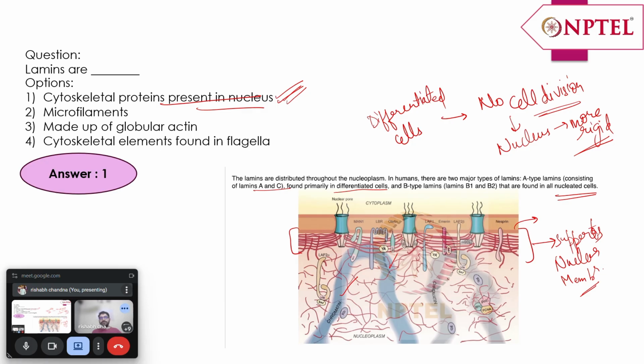So these type A lamins actually help in making the nuclear membrane more rigid. While lamins B1 and B2 are present primarily in all the cells, so that is not like division.